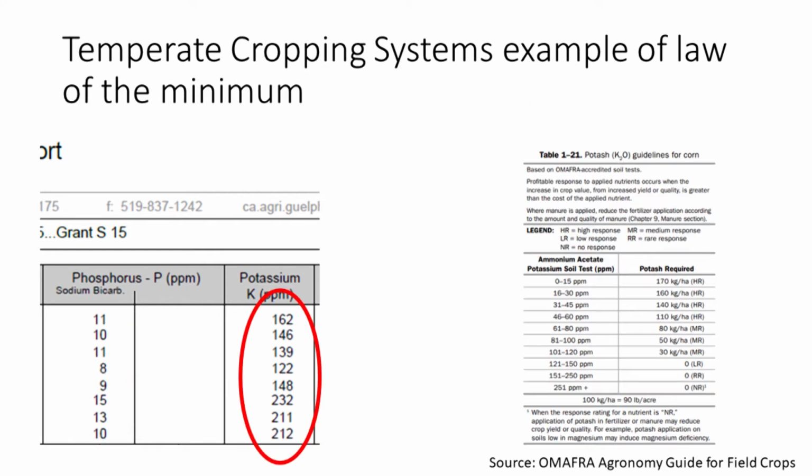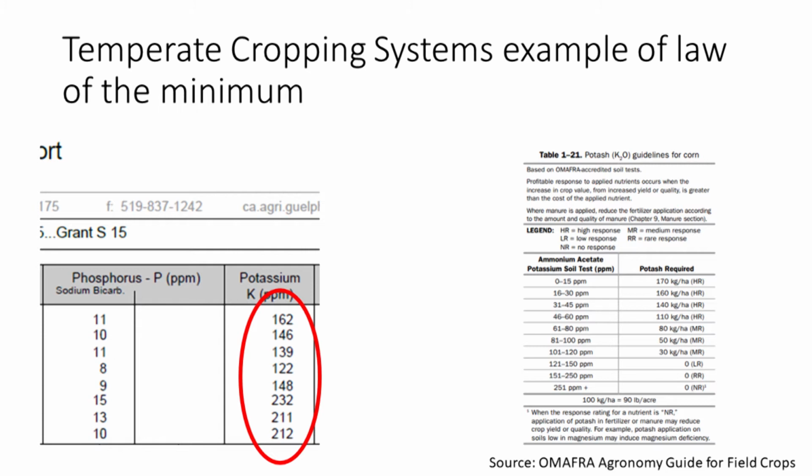I can also do the same for my potassium soil test results. So I go to the OMAFRA agronomy guide. Let's say, again, I'm growing corn on this field, and I compare my potassium soil test results to this recommendation chart. OMAFRA does not recommend applying any potassium fertilizer if your soil test is above 120 ppm.